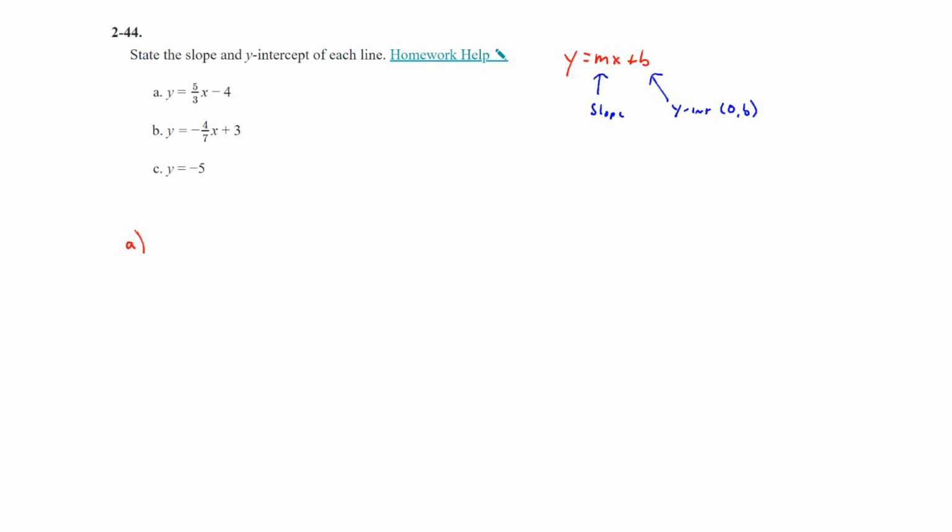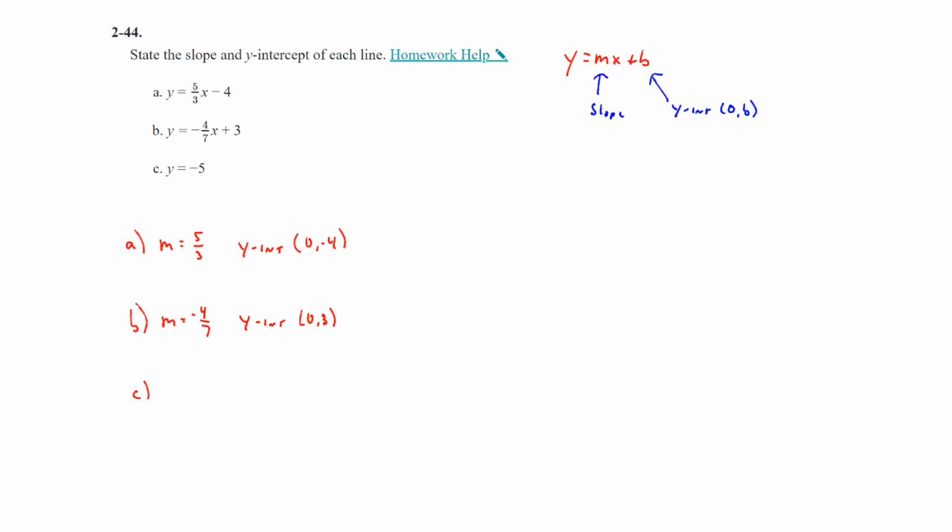So on part A, we have a slope of 5/3. And then the y-intercept, don't write -4, but write it as an ordered pair, (0, -4). We want to make sure that it is a point on the graph. B has a slope of -4/7 with a y-intercept of (0, 3).